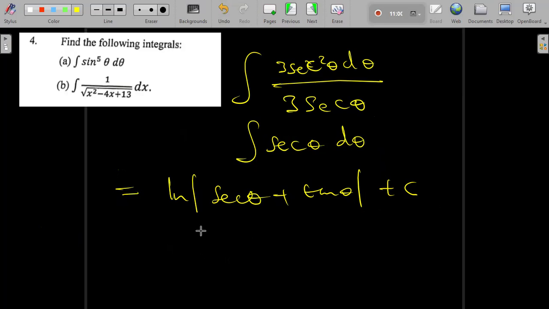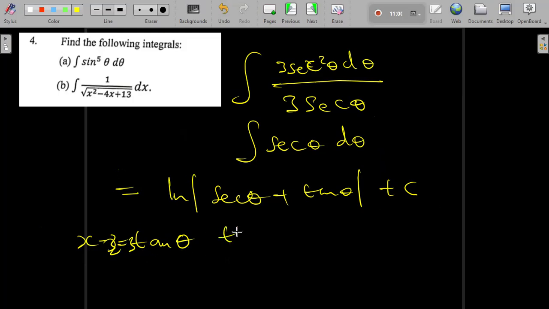So remember that we had said that x minus 2 was equal to 3 tan theta.